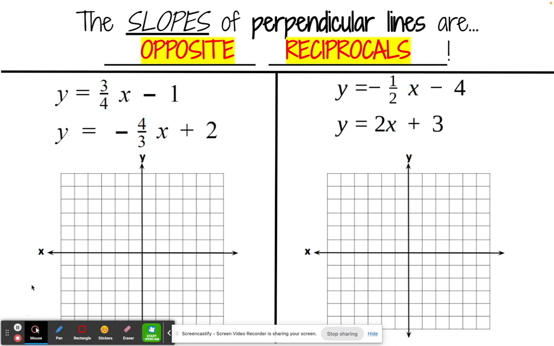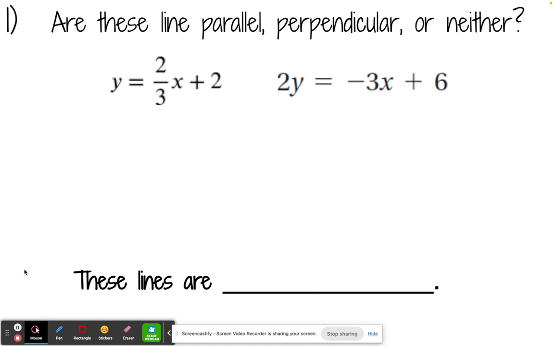So let's discuss these. Are these perpendicular, parallel, neither? Let's take a look. This first one is y equals 2/3 x plus 2, so my slope right here is 2/3. So the question I'm asking is, what's the slope here? Is it going to be 2/3? Is it going to be -3/2? Well, it's almost in slope-intercept form.